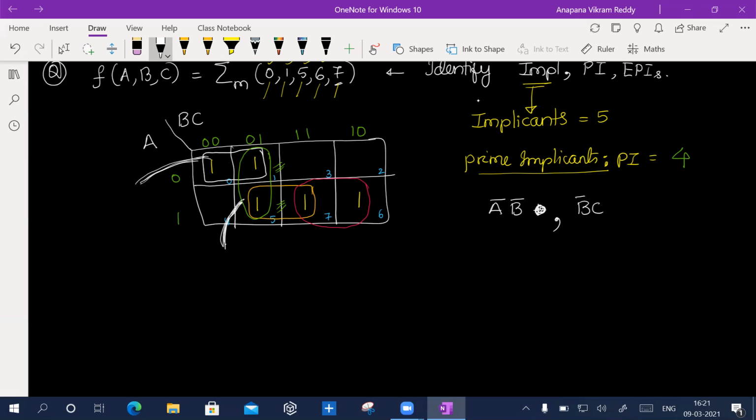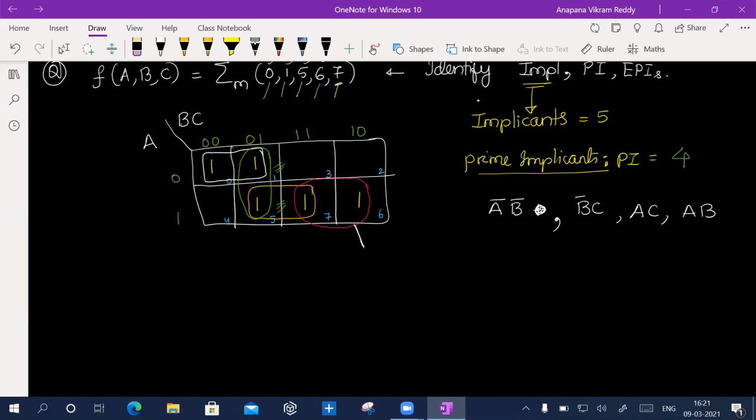And the next one? AC, fine. And this red one? AB. So the total number of PIs is 4, and these are: A complement B complement, B complement C, AC, and AB. Now what is the important stuff, the EPIs?